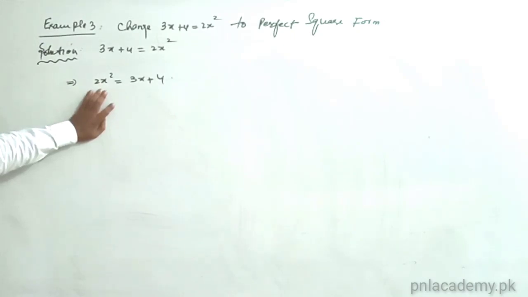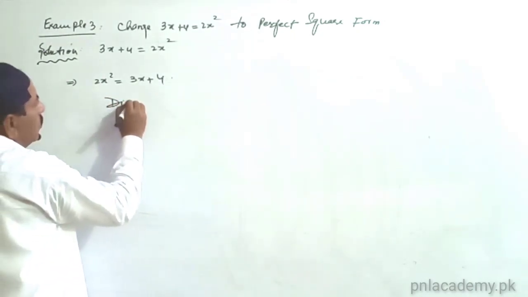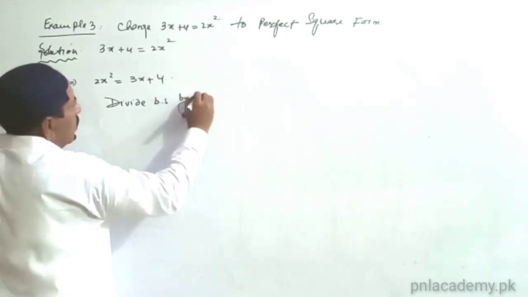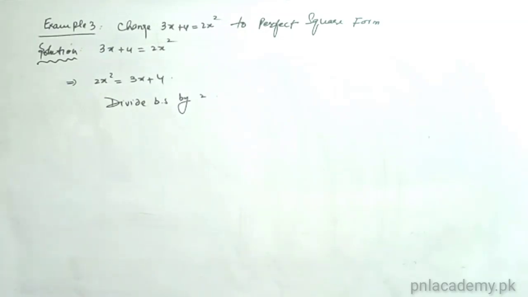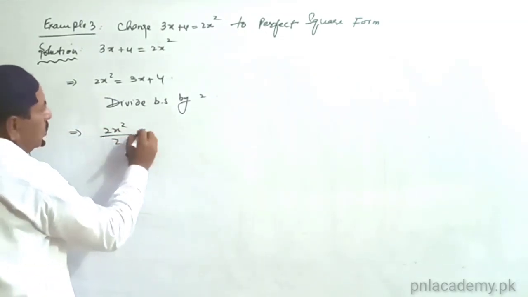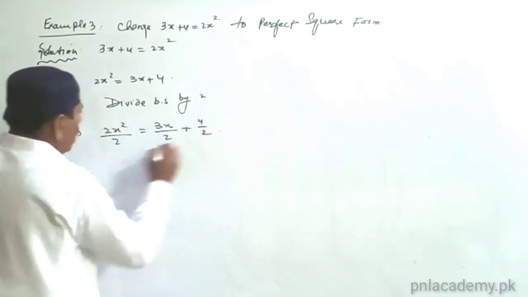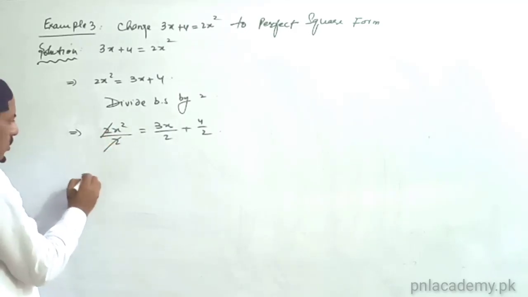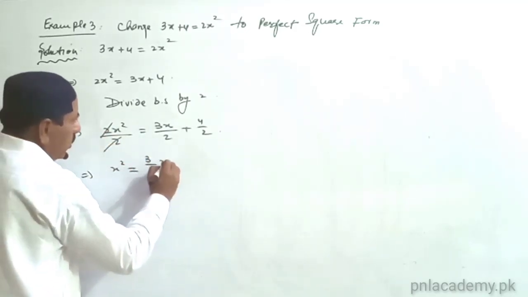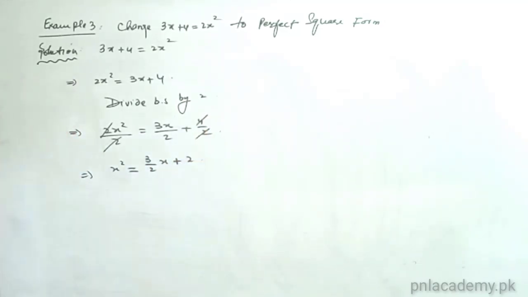The x square should be free of coefficient, so divide both sides by 2. This will be 2x square upon 2 is equal to 3x upon 2 plus 4 upon 2. So this will be x square is equal to 3 upon 2x plus 2.